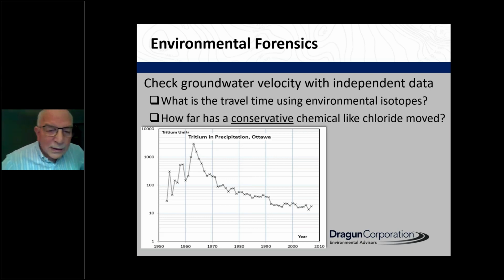Tritium peaked at about 1,000 times higher concentration in 1963 than its natural levels. This was due to atmospheric testing of atomic bombs. 1963 was when the Atmospheric Test Ban Treaty was signed, and since that time the inputs into the atmosphere have been negligible.